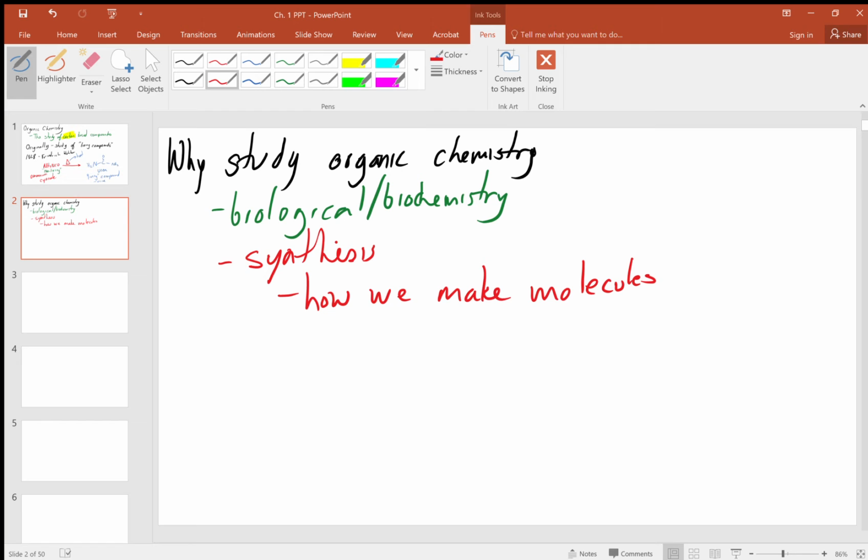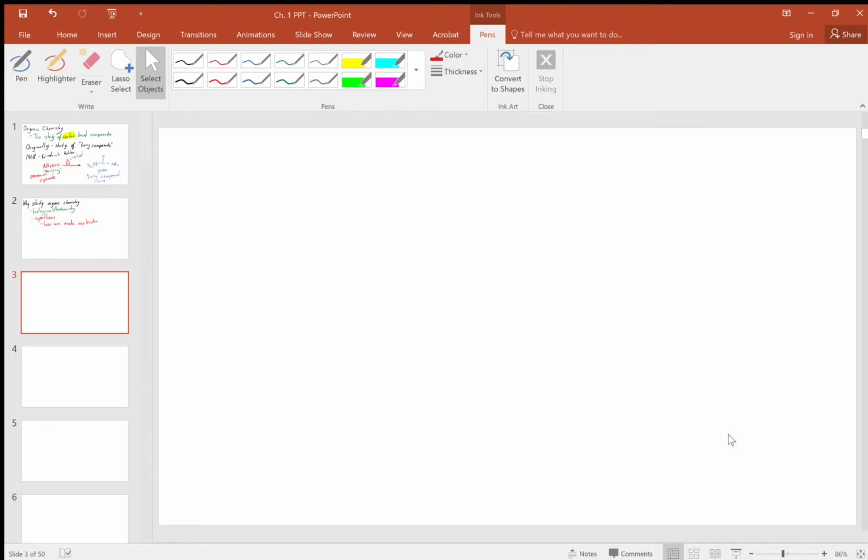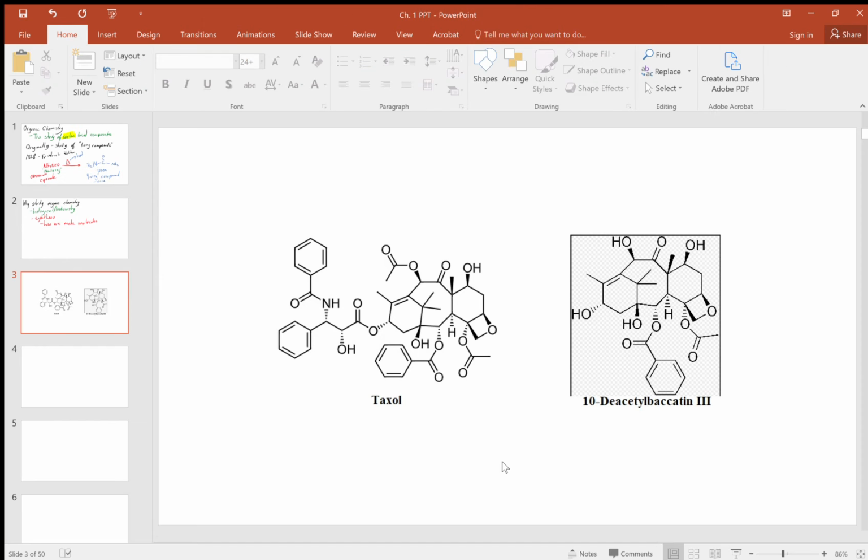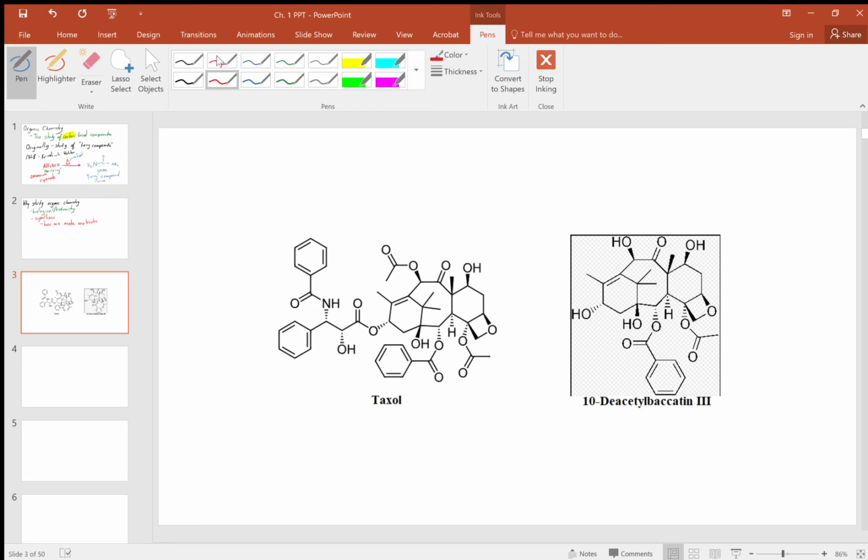So let's look at an example here. So the following molecule, and you can see we actually have two structures here, but right now I want to focus on the molecule on the left, Taxol. So what is Taxol?